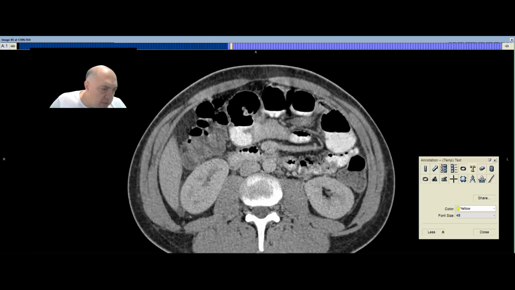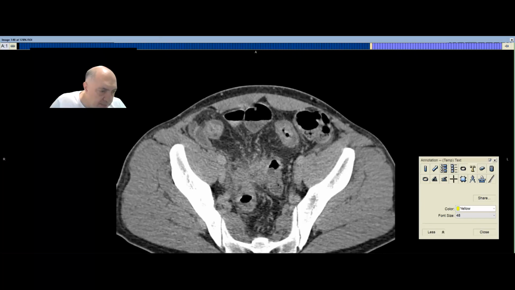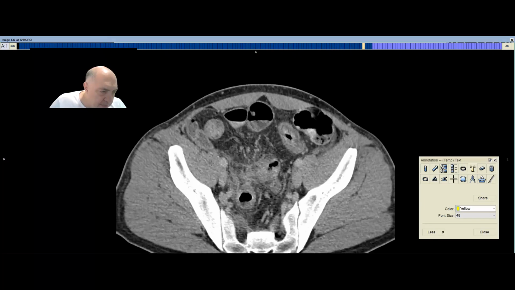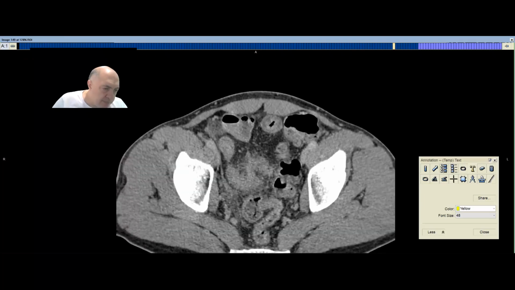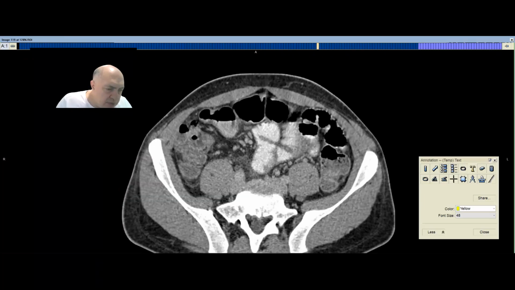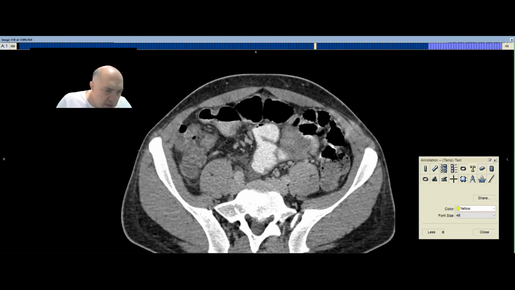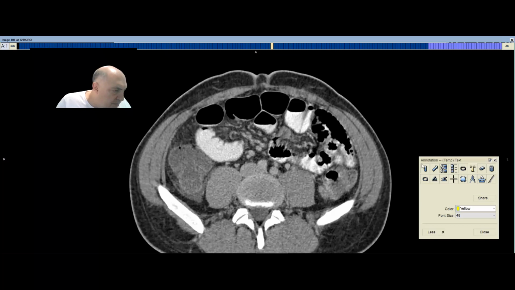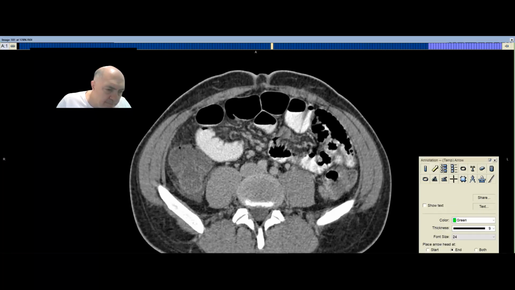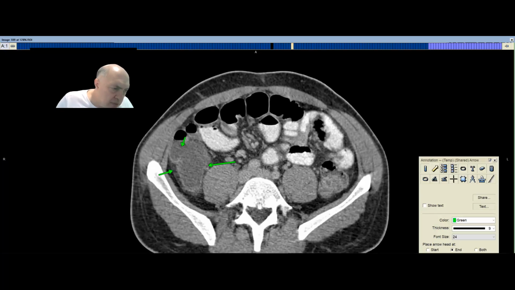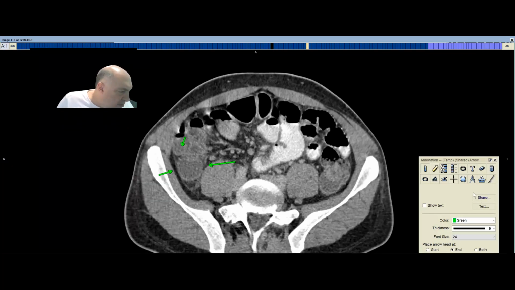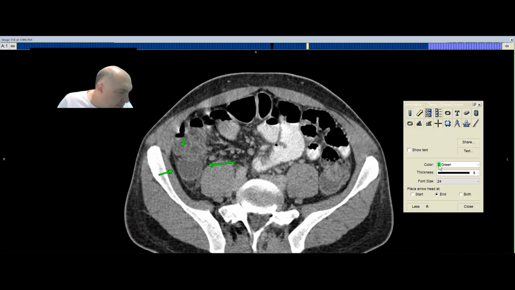So what have we on the CT? Okay. So we look at the CT, we can see that there's a normal cecum, but the small bowel, which is there, is dilated.